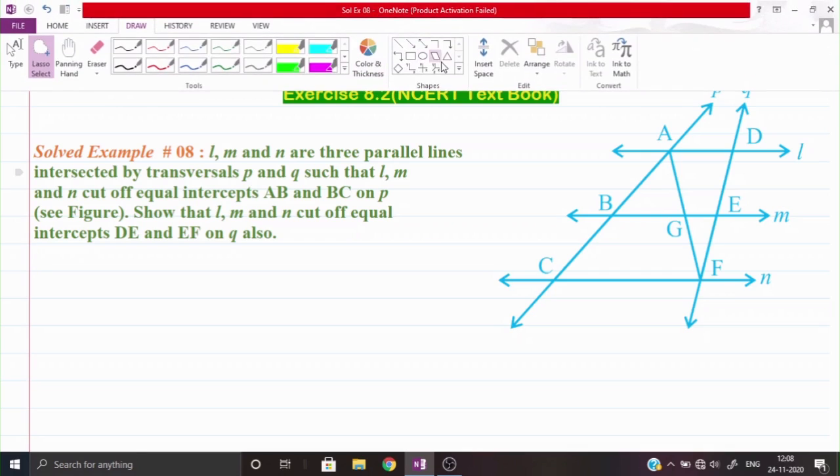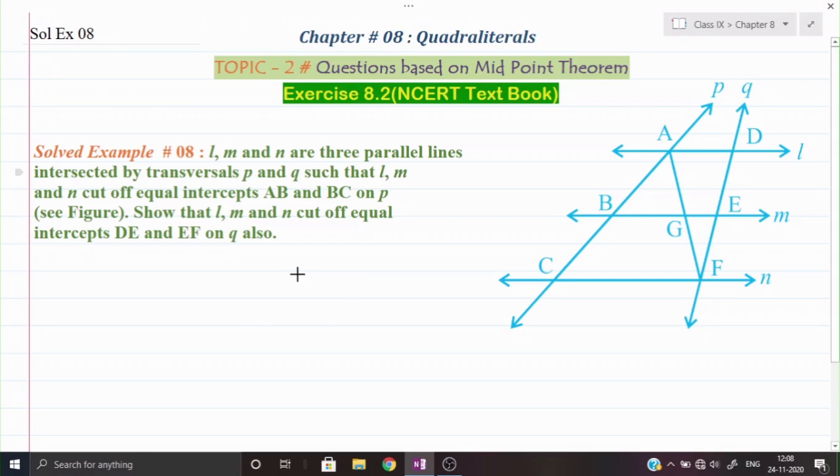solution. Okay, so suppose I have one triangle and the name of this triangle, suppose I take as ABC here, and suppose on the side AB I take one point M, and I say AM and BM are equal, means M is a midpoint of AB, that is given in the question.